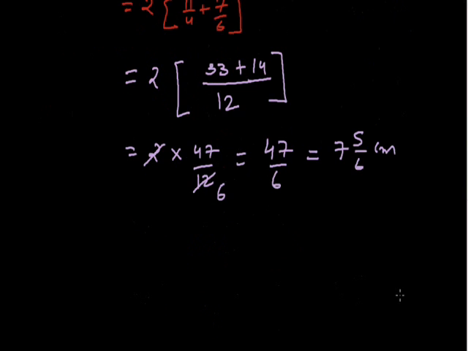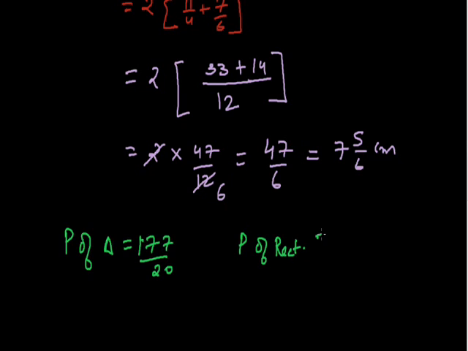Now in the last part we have to find whether the perimeter of the triangle or the rectangle is greater. Now the perimeter of the triangle is 177 upon 20 and the perimeter of the rectangle is 47 upon 6. So first we will take out the LCM of 20 and 6. It will be 60. So we will convert both perimeters into fractions with the like denominator.